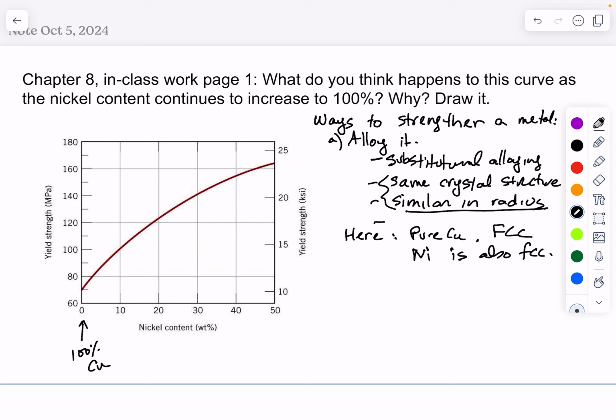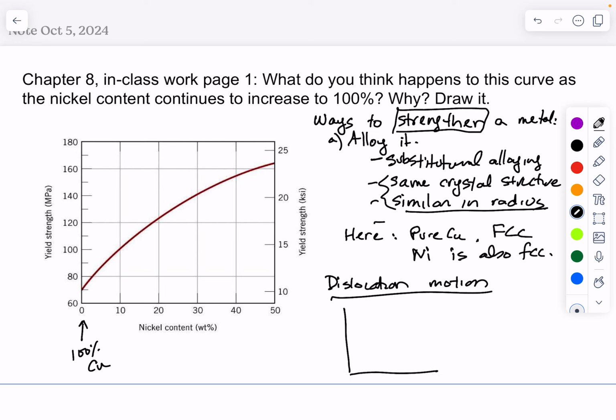Okay, so I want us to think about dislocations. In this chapter, we're thinking about ways to strengthen a metal. And the big picture is what I really, really would like you to learn. We're talking a lot about plots of stress versus strain. And we know initially there's a straight line relationship. Stress, of course, is force per unit area.